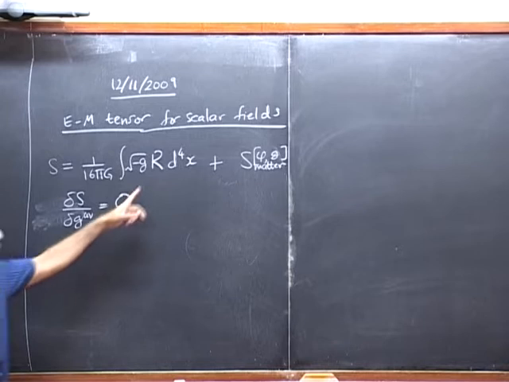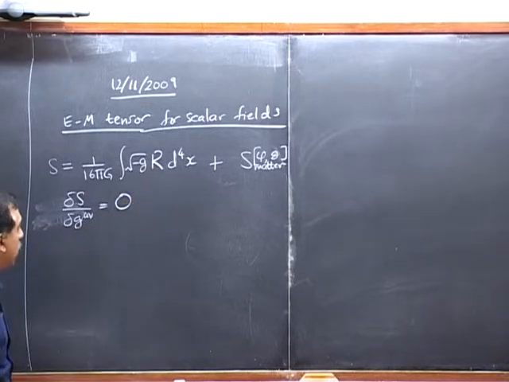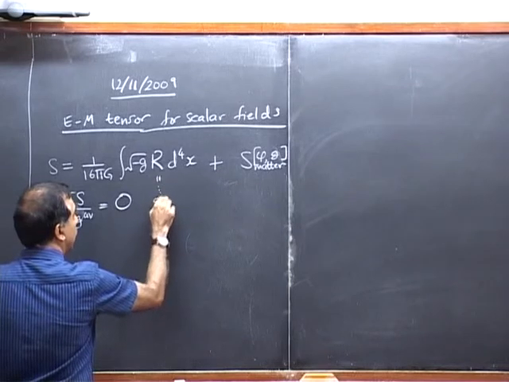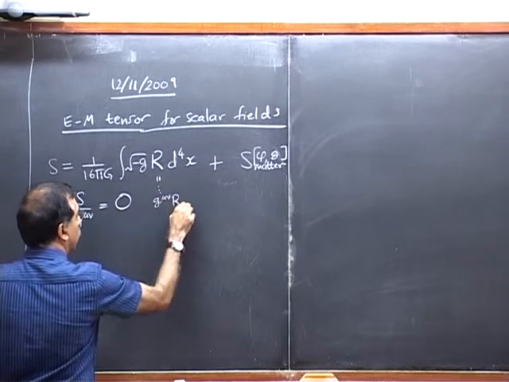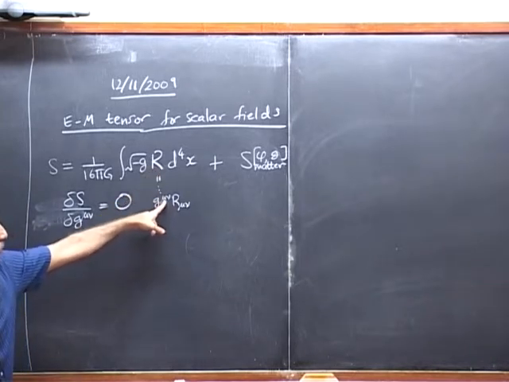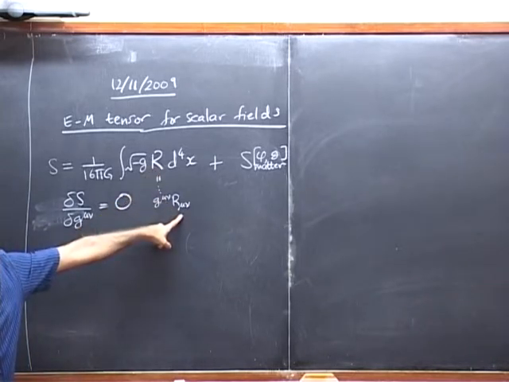Now it's easy to remember what you get when you differentiate this, because remember that R is secretly g mu nu R mu nu. So if I differentiate with respect to this, I'm left with R mu nu, and there are no possible signs or factors in that term.